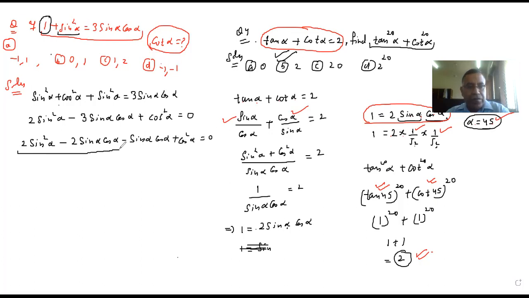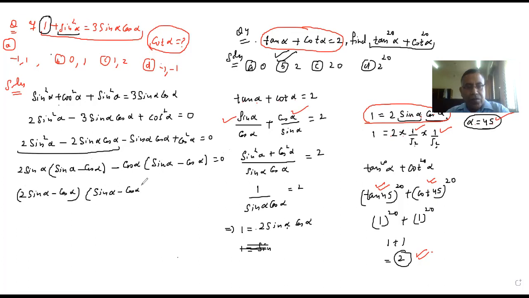So 2 sine alpha I have taken out, this is sine alpha minus cos alpha, minus. Take cos alpha outside, this is sine alpha minus cos alpha. So take (2 sine alpha minus cos alpha) out, and this is (sine alpha minus cos alpha), which is equal to 0. This is 2 sine alpha minus cos alpha equal to 0, or sine alpha minus cos alpha equal to 0.